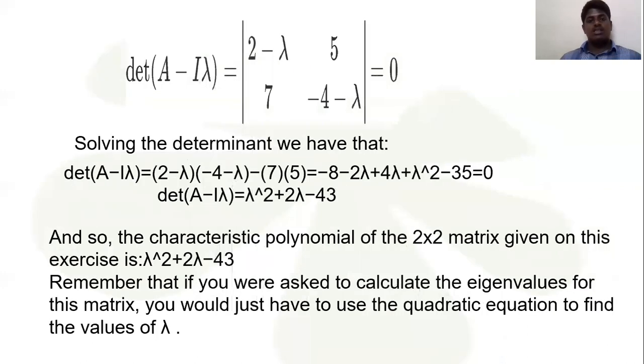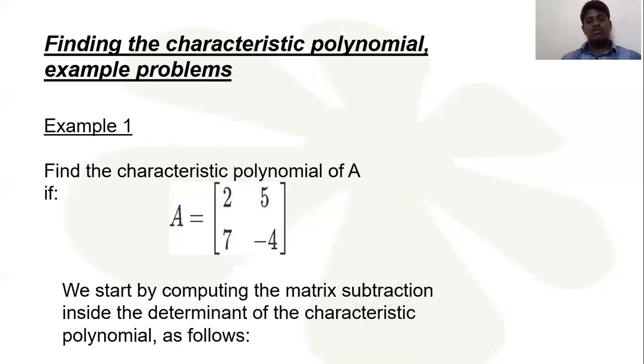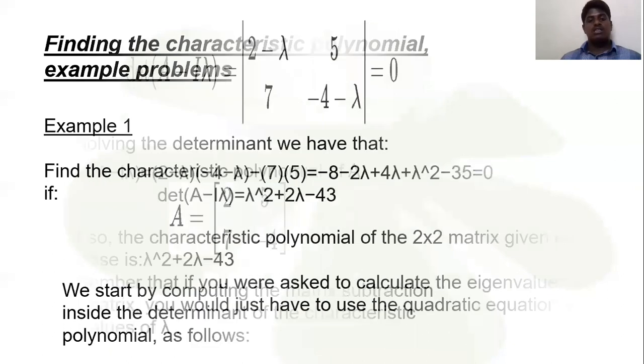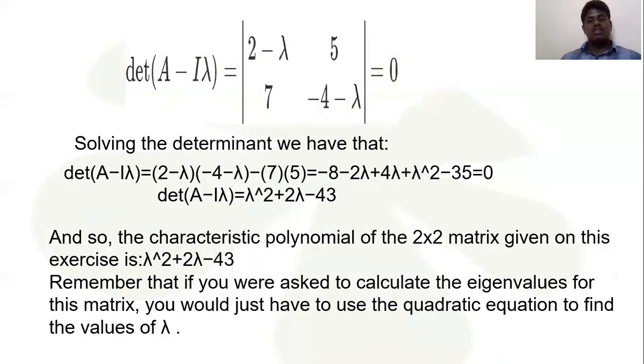In example 1, the matrix was 2 by 2. We simply subtracted inside the determinant of the characteristic polynomial, and then we got the answer shown on the screen.